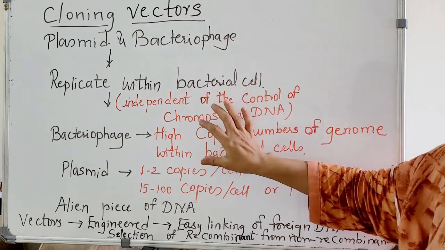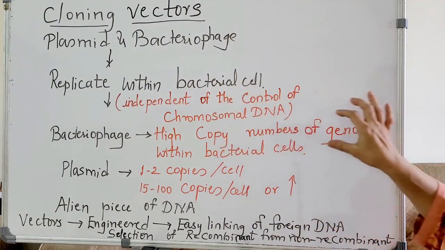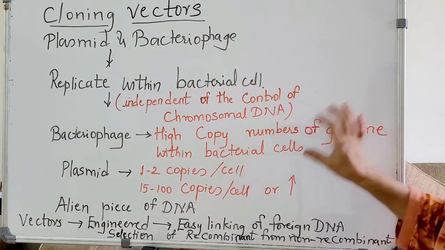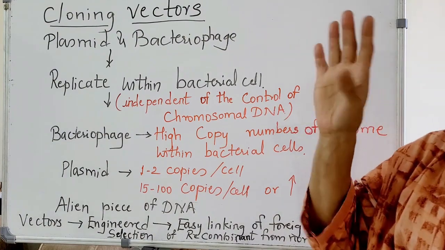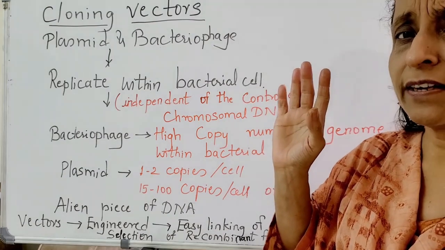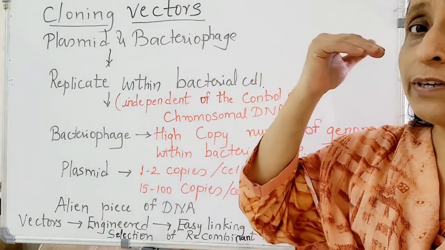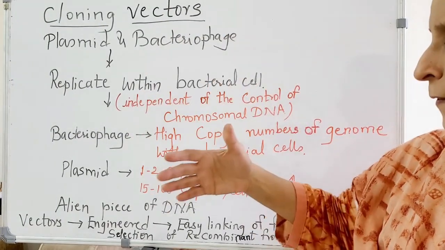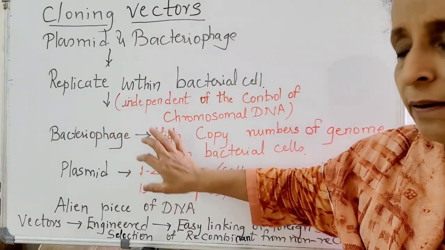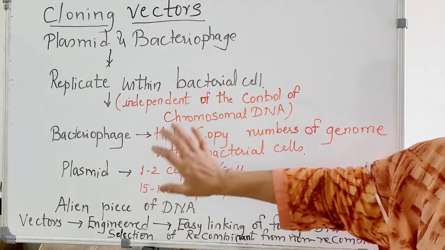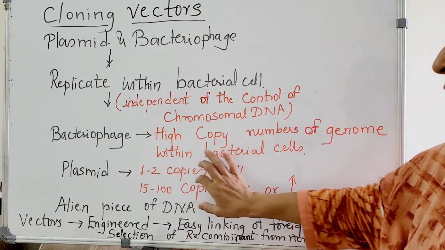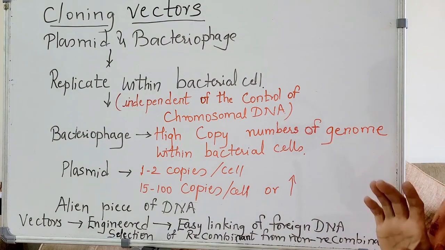Bacteriophage has a very high number of genomes within the bacterial cells. They will multiply at a very fast rate, so they are going to create many copies. Now plasmid may make 1 or 2 copies, or it may make 15 to 100 copies per cell.